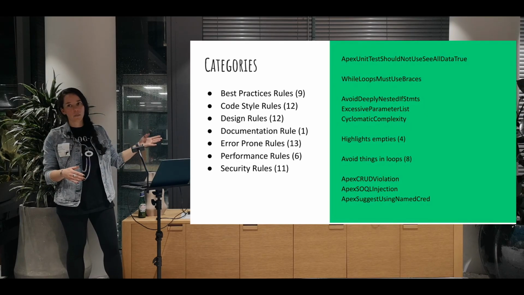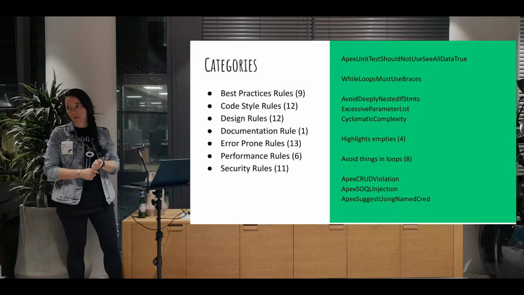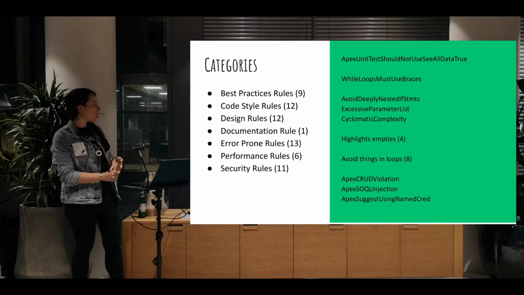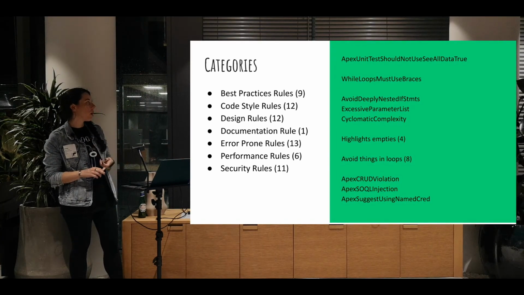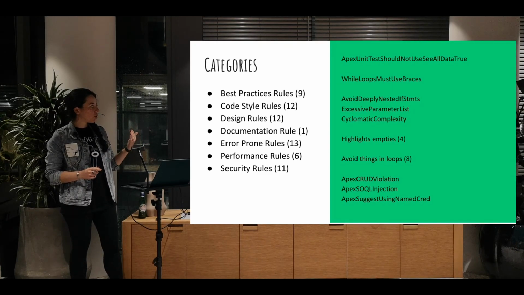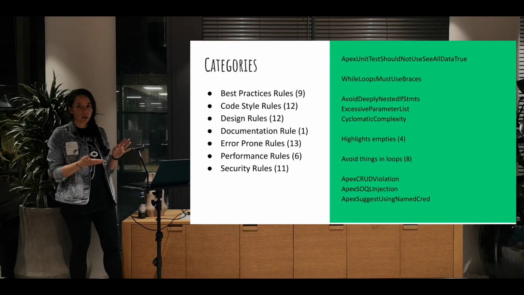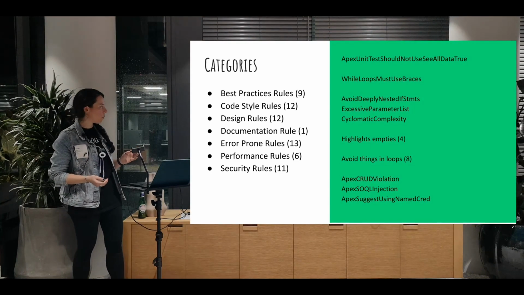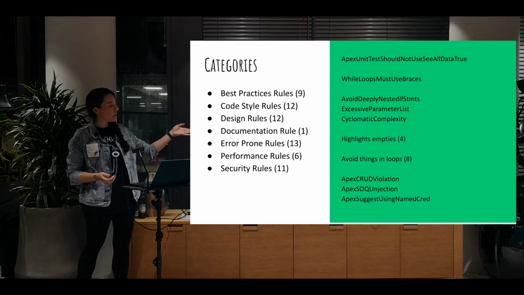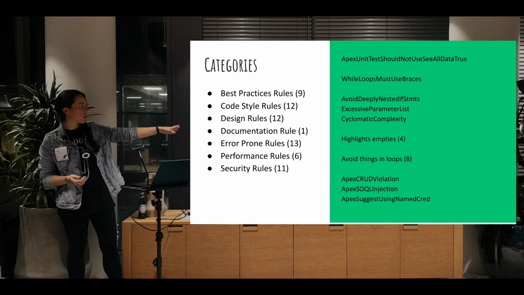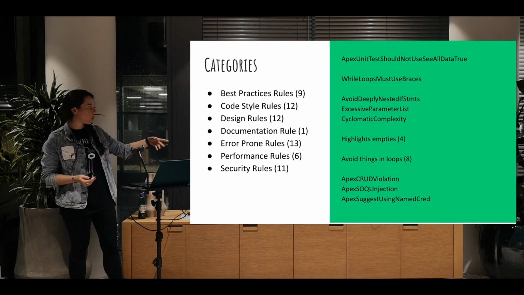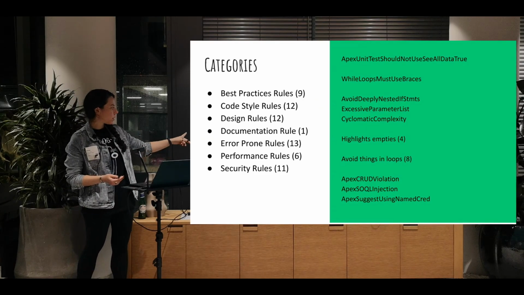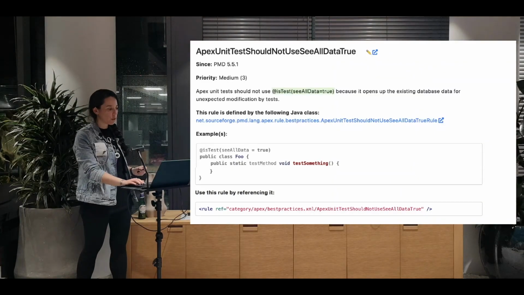We saw an example of an empty if statement, empty block, empty conditional block, empty try catch, empty finally block, all these types of things that we want to make sure are actually doing something and people are not just adding them for fun. Or avoid things in a loop. There are 8 things you can avoid in a loop that it will find for you quickly. And for the security rules, these are 3 examples as well.